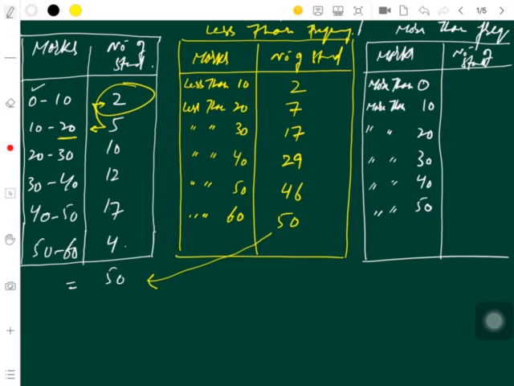It is very important because you have to draw figures on the basis of these tables later on in the next chapter. So learn it properly. More than 0, we know that total number of students we have 50.